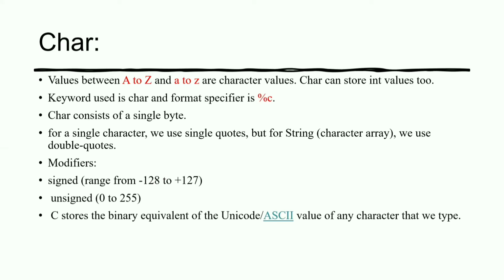Then we'll see the character data type. The character type is generally used to store values from capital A to capital Z and small a to small z. It can also store integer values, so we can use signed and unsigned modifiers here.